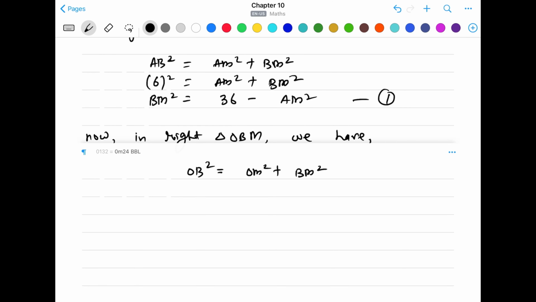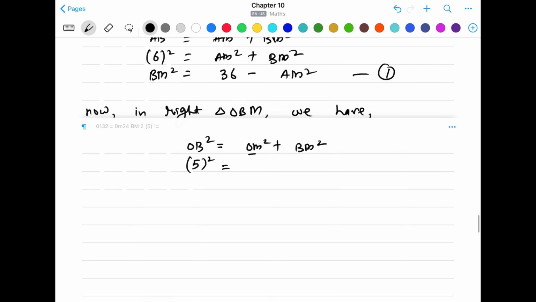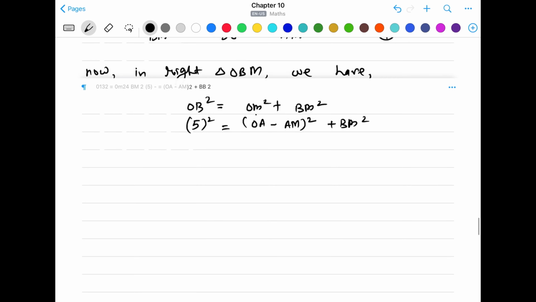OB is given to us, which is 5. OM we can write as AO minus AM, so we have this complete OM. We can find this OM by subtracting AM from AO. So in place of OM we can write OA, which is the total length, minus the part AM from it. And we have this BM square.